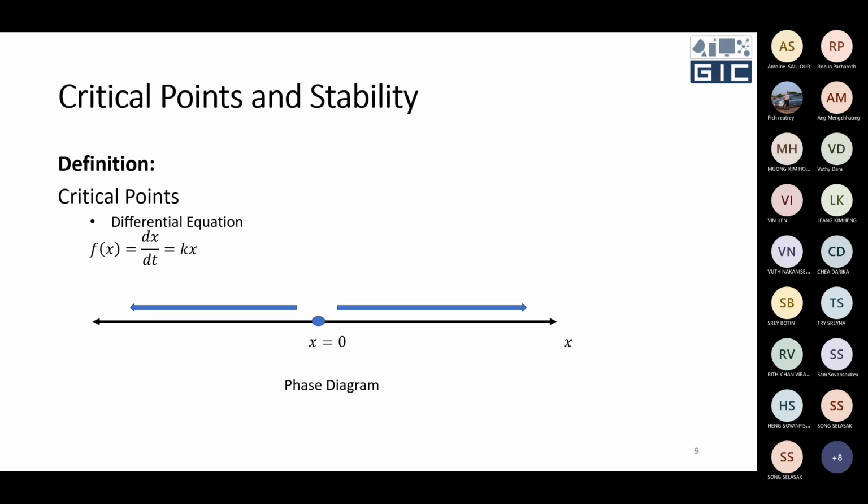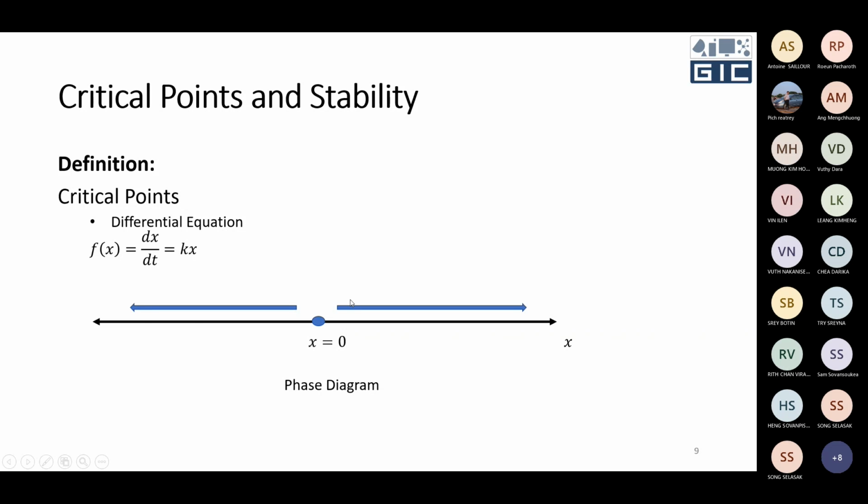So on the left-hand side, we have from minus infinity to x and from x to plus infinity. If the value that we take from minus infinity to 0 makes our function less than 0, it means negative. So our arrow is left, so we draw it as a left arrow.